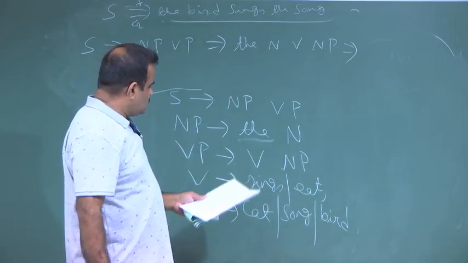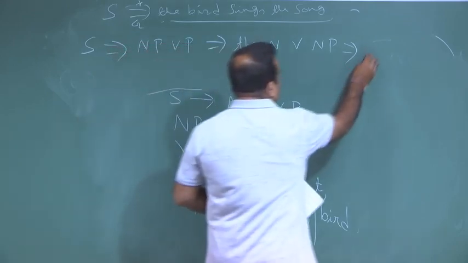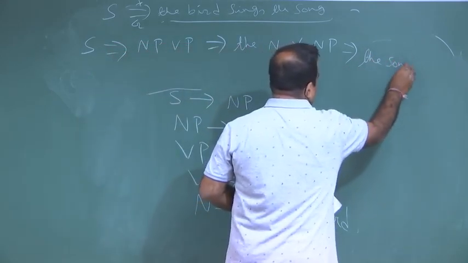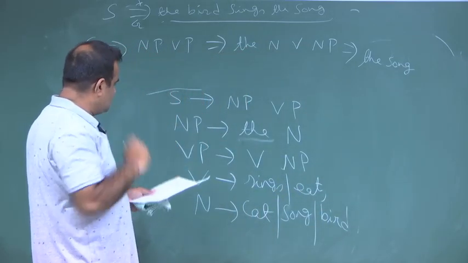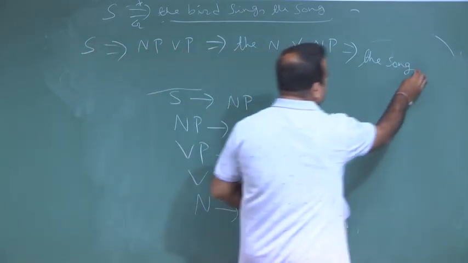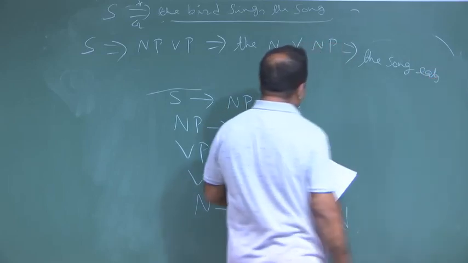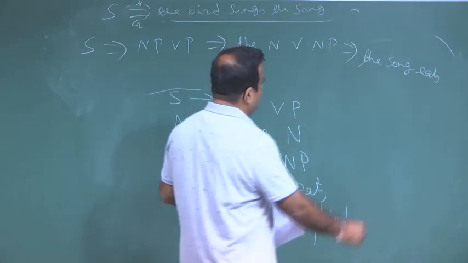So, N can go to song. So, the song, and V can go to any one of these, its, and NP again goes to the N.